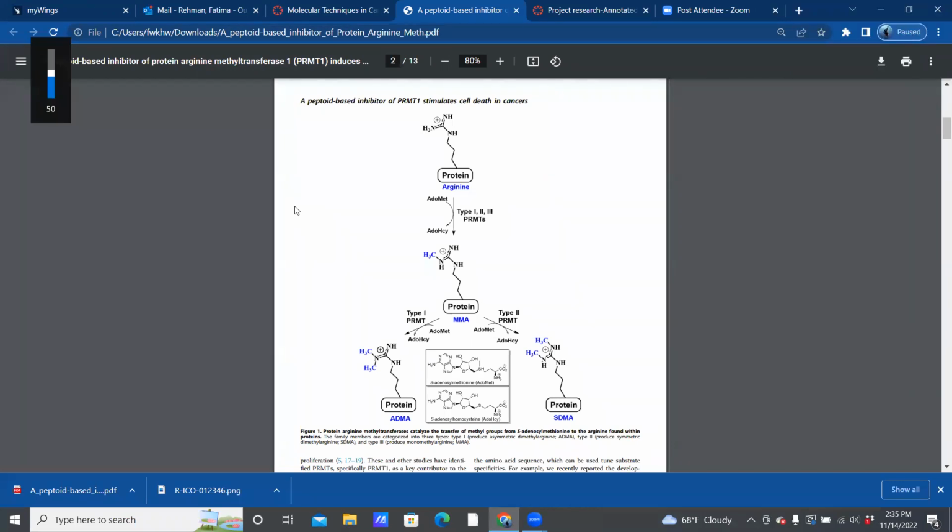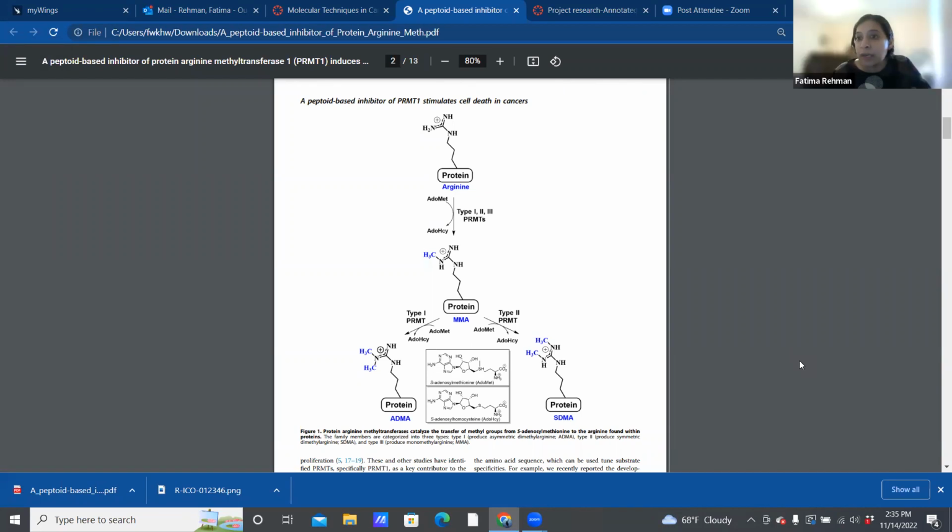One thing that I noticed from that figure is that the type 1 versus the type 2 PRMTs result in the asymmetric protein or the symmetric protein. Exactly.